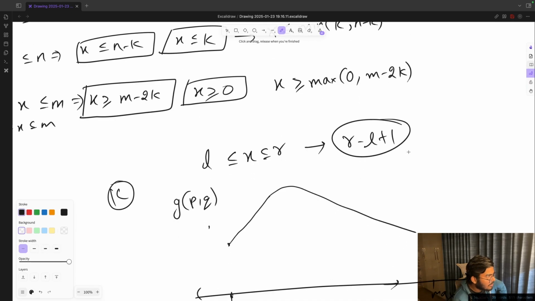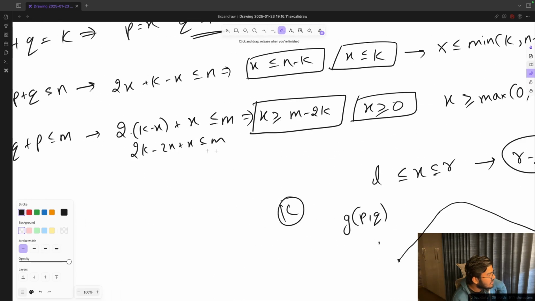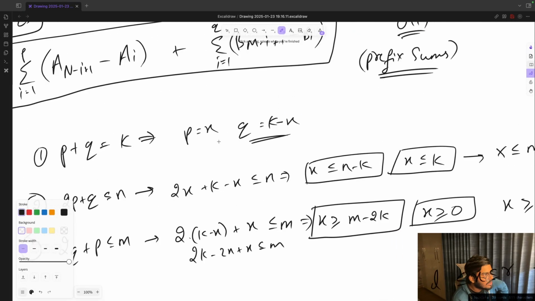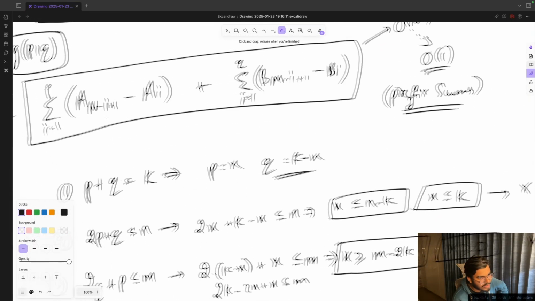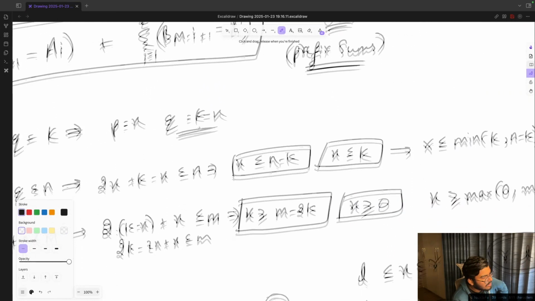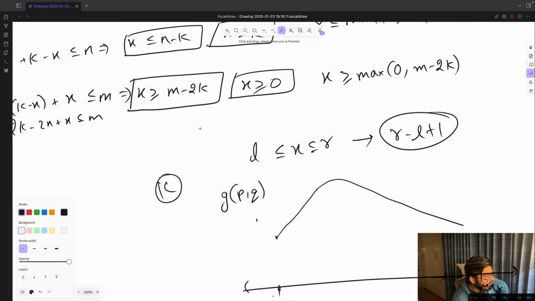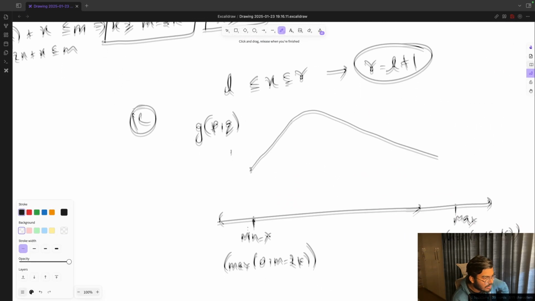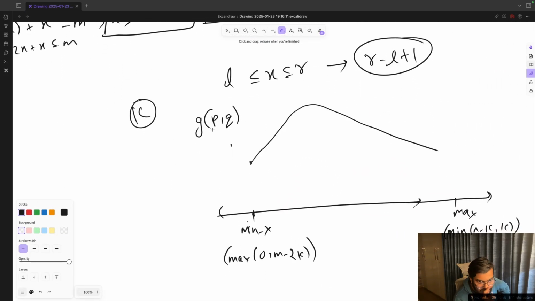Because this is a summation function, this is not that complicated. It will first increase and then it will decrease only. I don't really know how to prove it, but in general for this kind of question you have a convex function. So this is some kind of convex function.